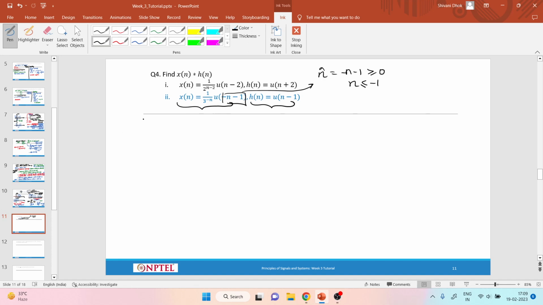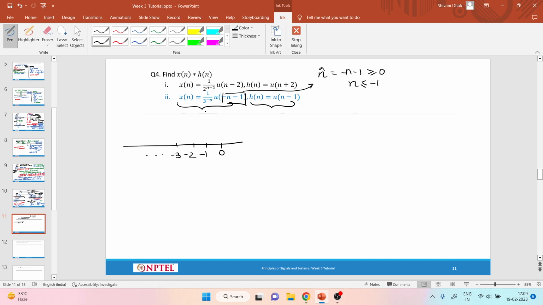So if I sketch x of k, this is 0, this is 1, 2, this is minus 1, minus 2, minus 3, and so on. So for n equal to minus 1 and extended till minus infinity, it will be non-zero. And if I'm having n equal to minus 1, this is 1 upon 3 to power minus n.